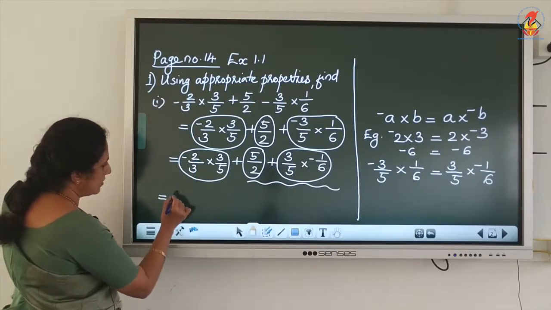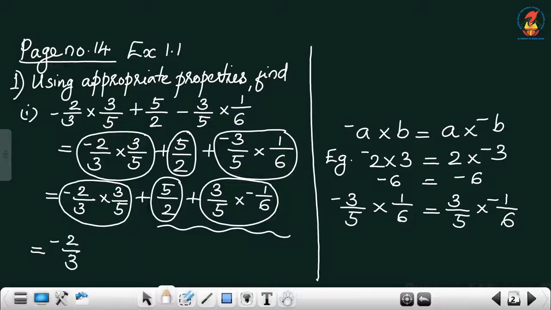How can we write? Negative 2 by 3 into 3 by 5 plus this third term will come into the position of 5 by 2. Therefore, we can write like this: 3 by 5 into negative 1 by 6, then plus 5 by 2.